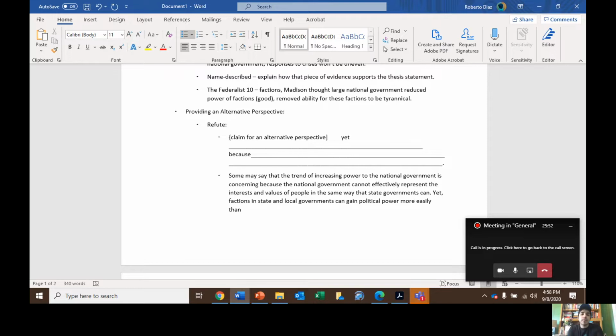Yet factions in state and local governments can gain political power more easily when they are forced to compete at the national level. Remember, this is exactly what Madison said.